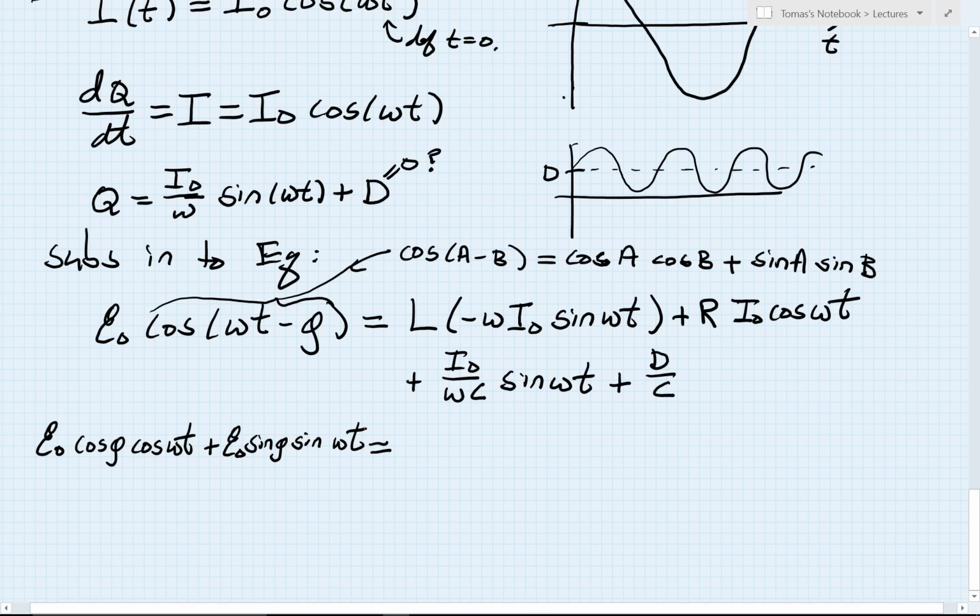And what this has to equal, if I gather all my terms together, I'll write the cosine term first. There's r times I naught times cosine of omega t is the first term.